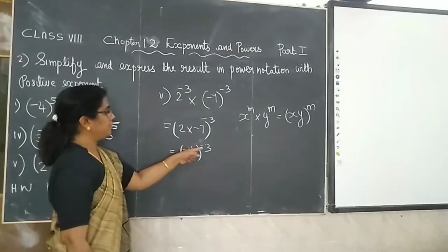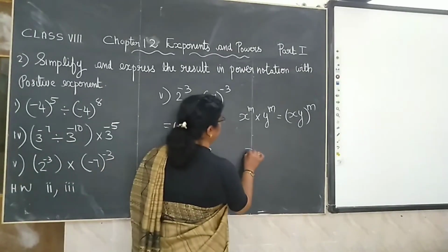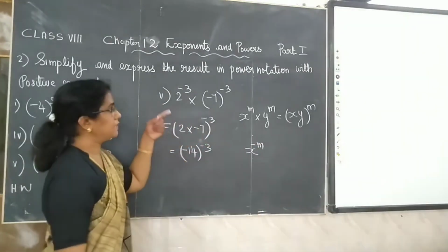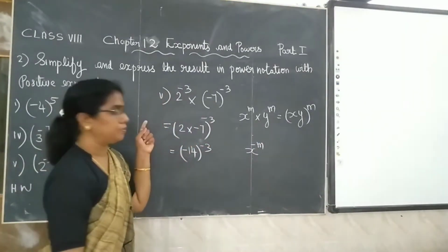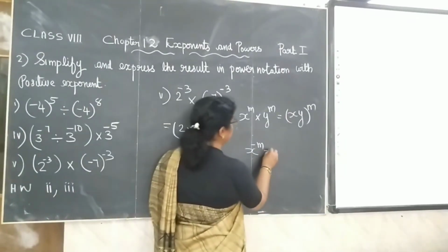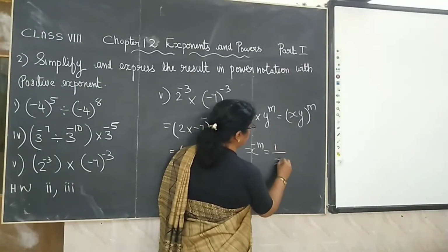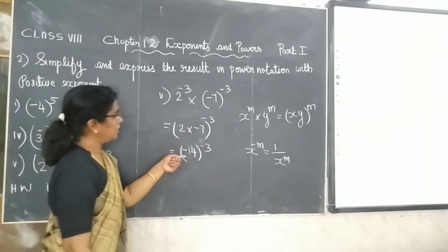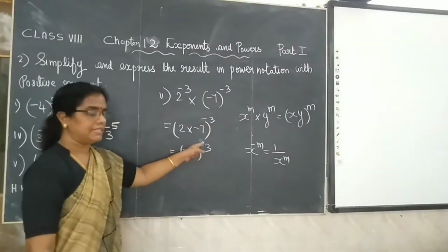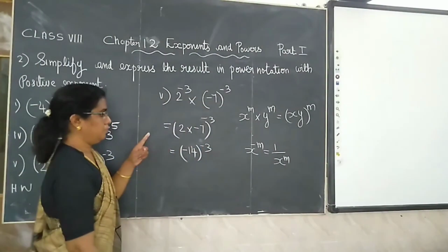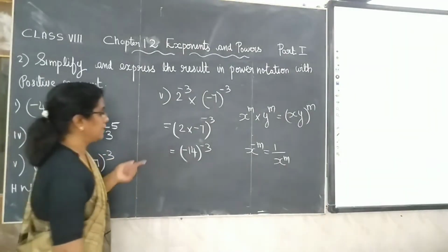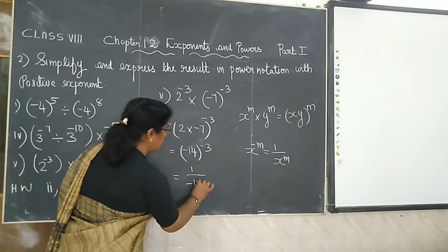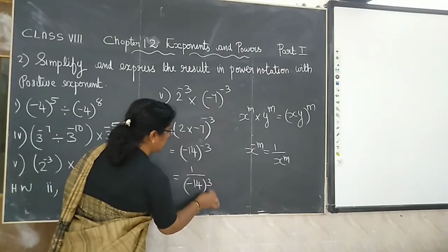Now the power is negative, so this is x raised to minus m. We have to express the answer in positive exponent. Therefore x raised to minus m we can write as 1 by x raised to m. So minus 14 whole raised to minus 3 becomes, with positive exponent, 1 by minus 14 whole raised to 3.